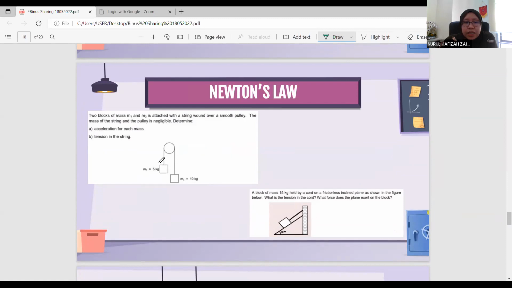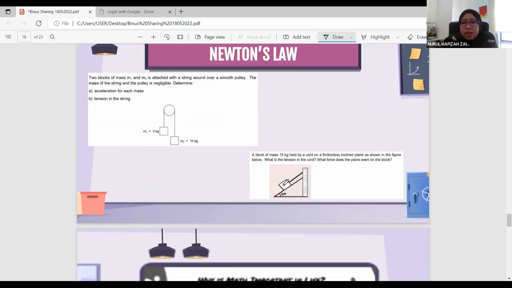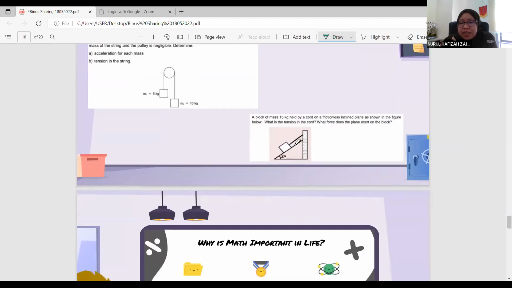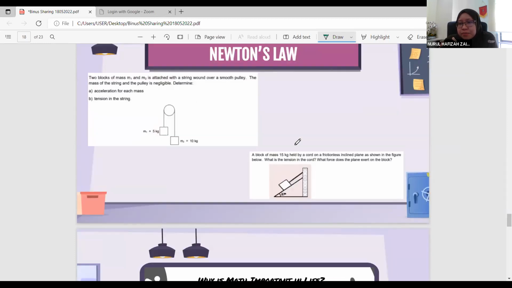Or maybe the box is on an inclined plane and is held with something here. So it is pulled down, pulled up. Whatever the situation, you can find it. It can get more and more complex from the basics.